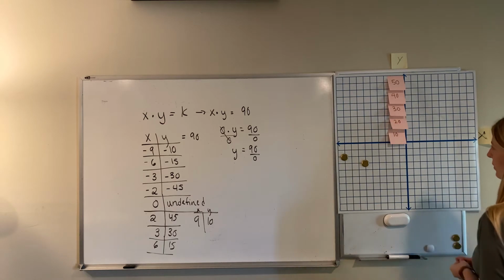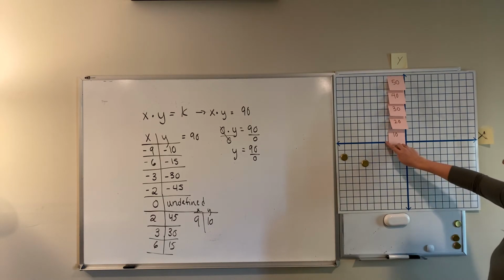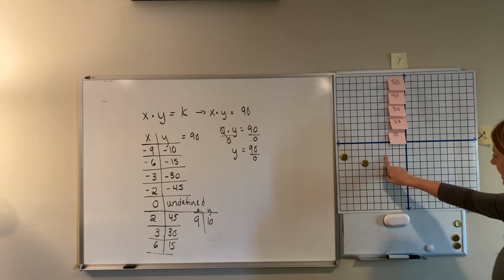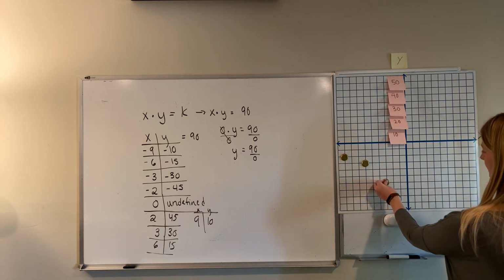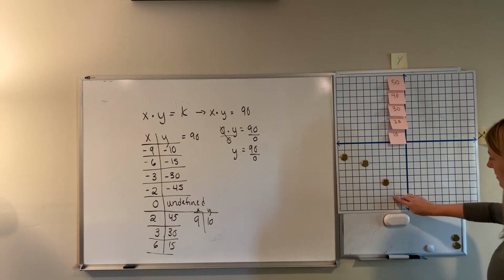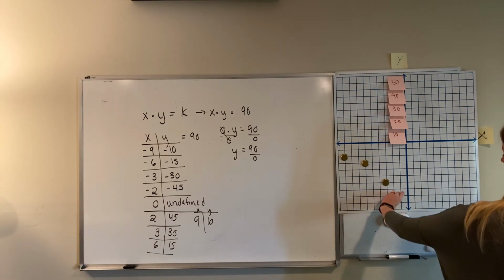I have negative 3, 30. 1, 2, 3. And now I need to go down to 30. So negative 10, negative 20, negative 30. And then I have negative 2, 45. 1, 2. My 45 is going to be about right here.